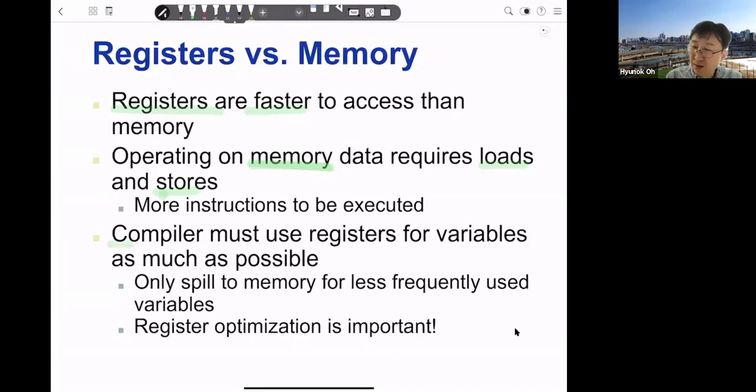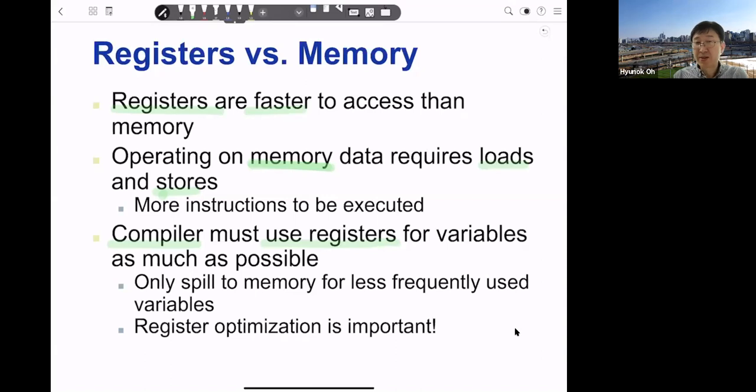So the compiler translates from a high-level language like C code to machine language. In that case, the compiler tries to minimize memory access. As much as possible, the compiler generates register operations without generating memory operations. So the compiler uses registers as much as possible.